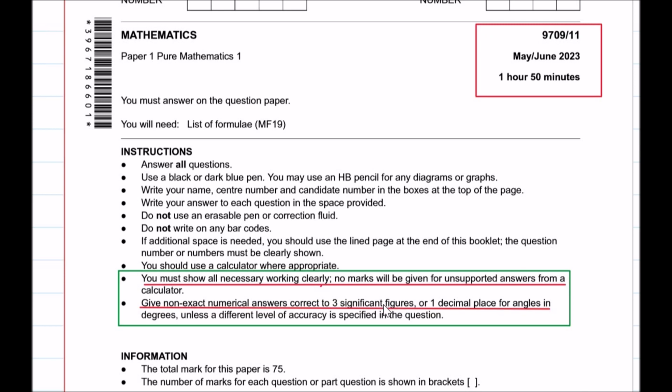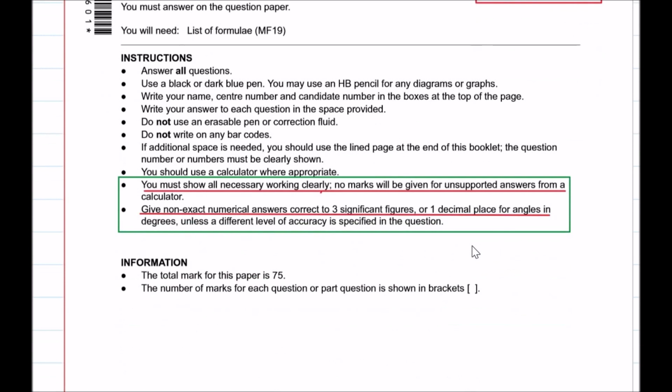So minimum 3 significant figures the examiner expects from you. In case of an angle, the angle must be given in 1 dp if it is in degrees and in 3 SF if it is in radian mode.